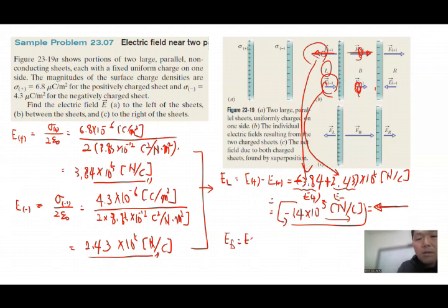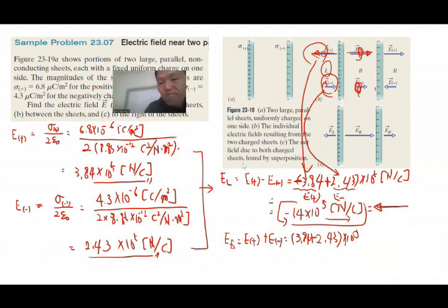That should be E plus plus E minus: 3.84 plus 2.43 times 10 to the 5 Newton per coulomb, which is 6.3 times 10 to the 5 Newton per coulomb.